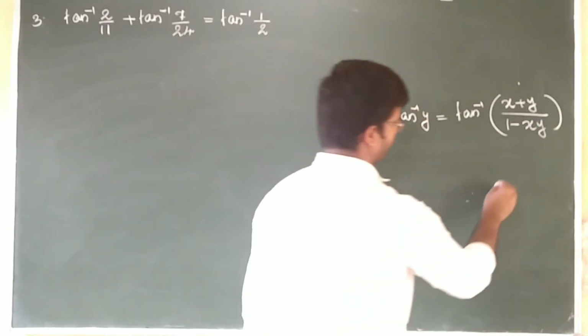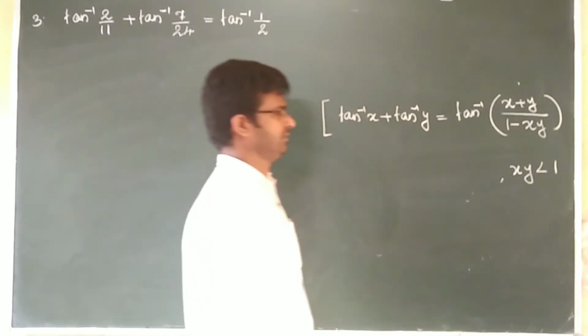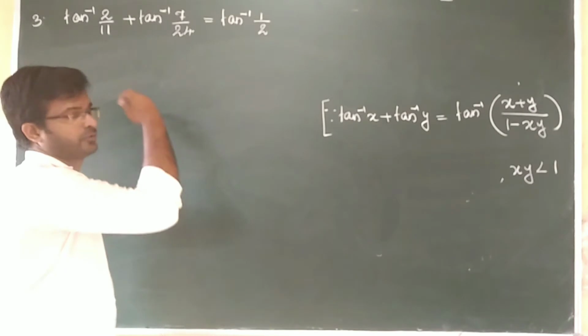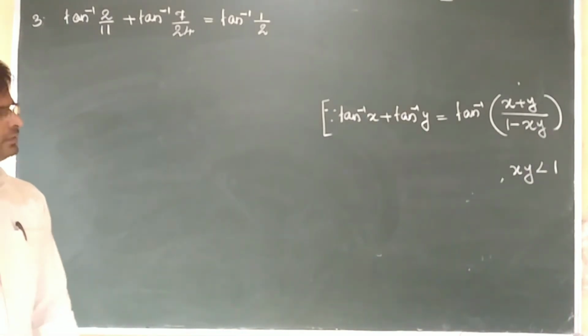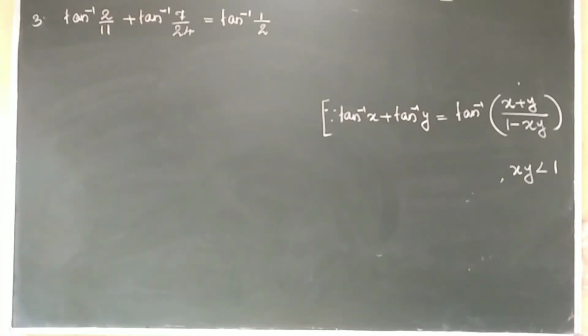One condition is also there: x, y less than 1. This is the condition. This property we will use for solving this question. Which side will we take, LHS or RHS? Surely we will take LHS, isn't it?